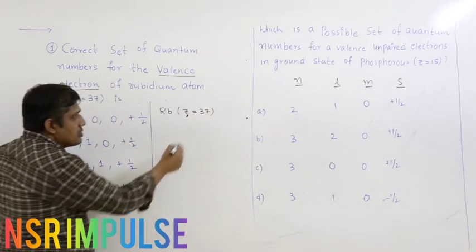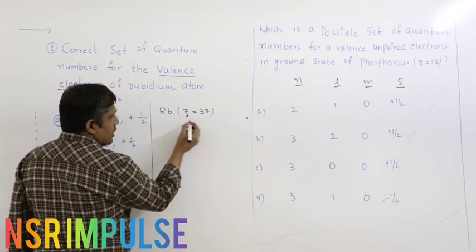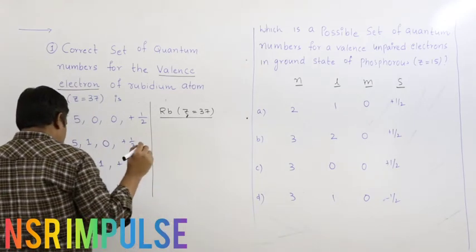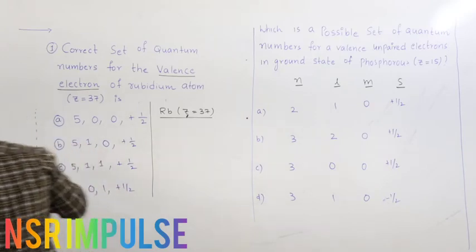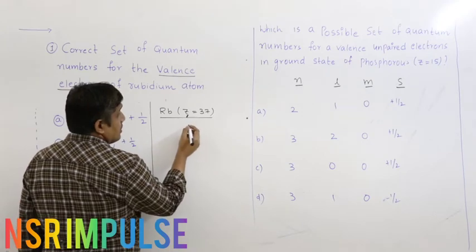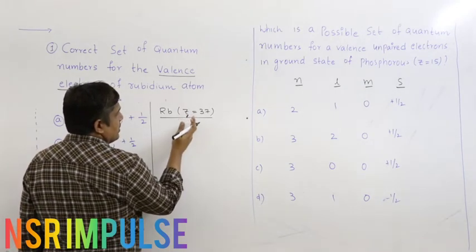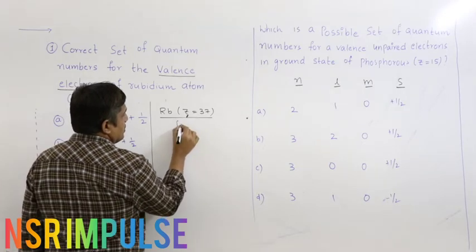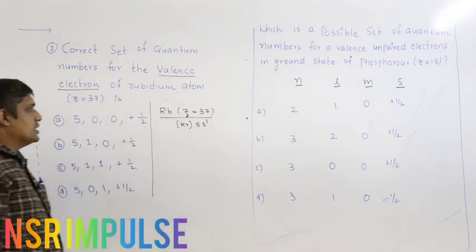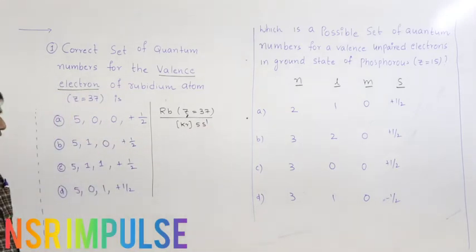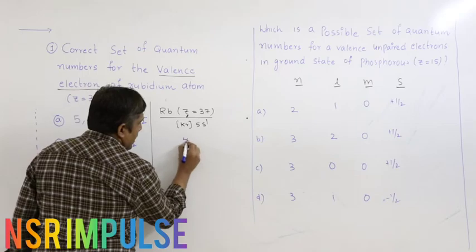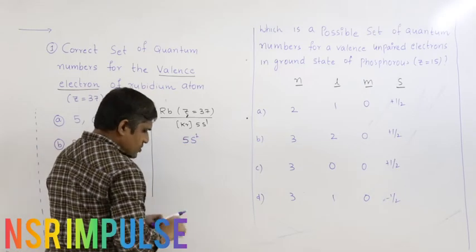Writing it with the NLX method, the noble gas before it is krypton, 36, plus 1 gives 37, so krypton 5s1. The last electron is 5s1.